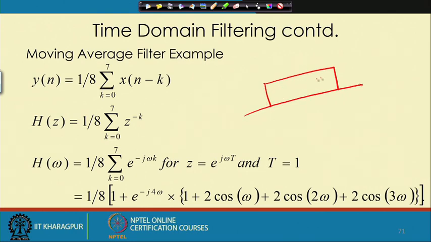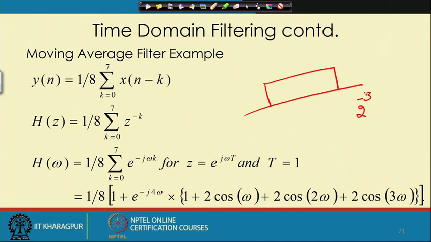It is uniformly weighted at all the points, and to take care of the scaling there is a term 1 by 8, and 1 by 8 can be represented by 2 to the power minus 3. That means this division can be implemented with the help of 3 shifts to the right.